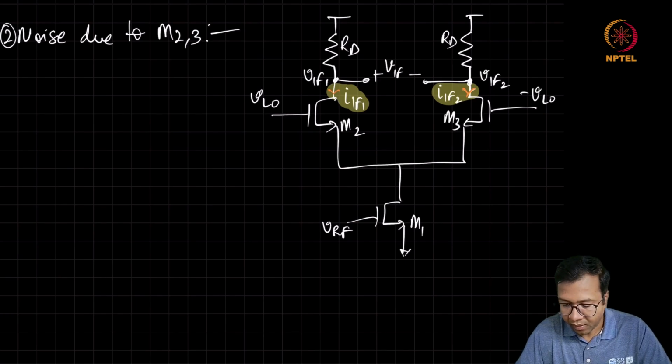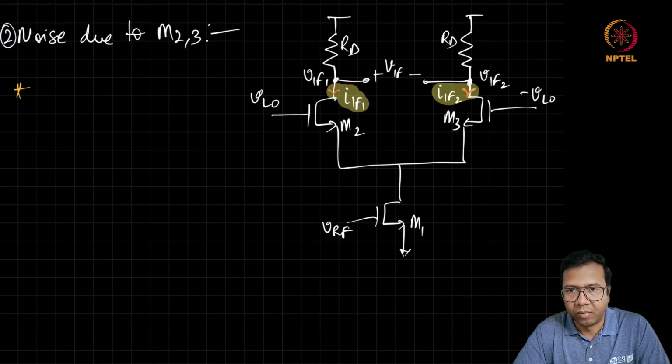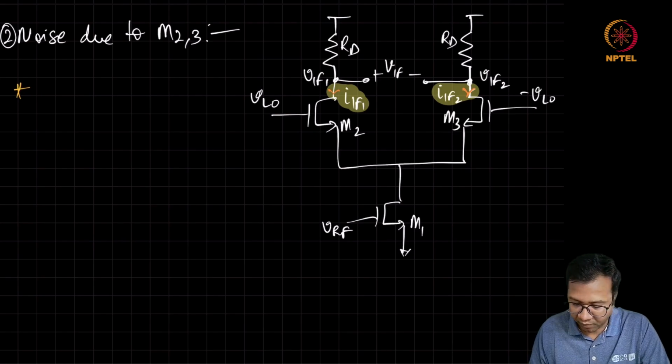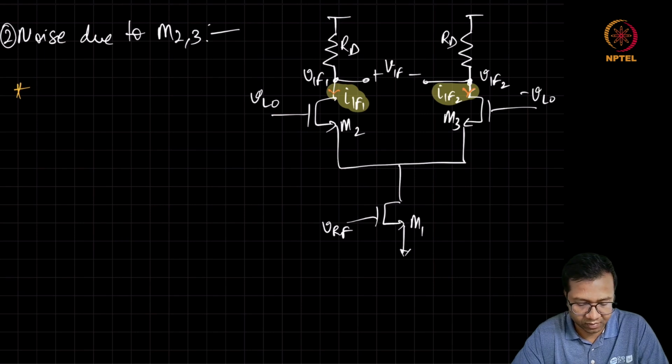And another point is this switching is also periodic, so their statistics are also going to see this periodic change. In such a scenario, we treat the noise due to M2 and M3 as a cyclostationary random process, whereas in the case of M1, we have treated the noise as a stationary random process.